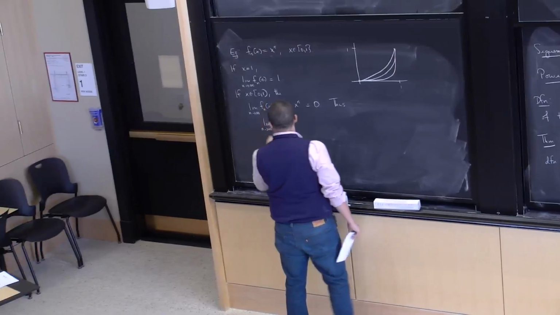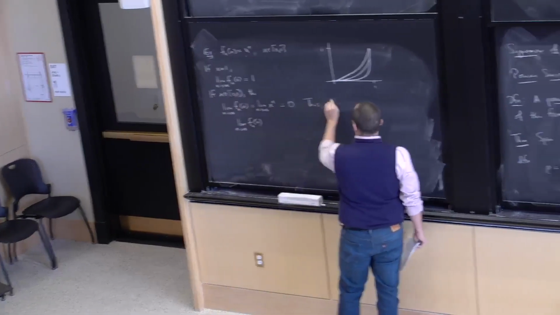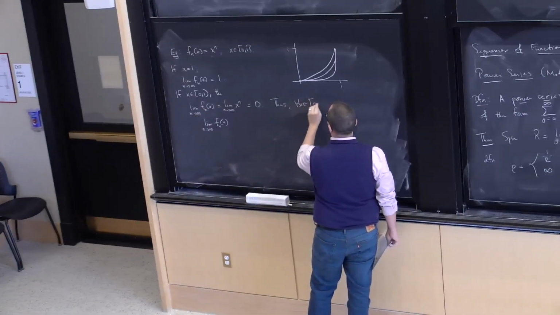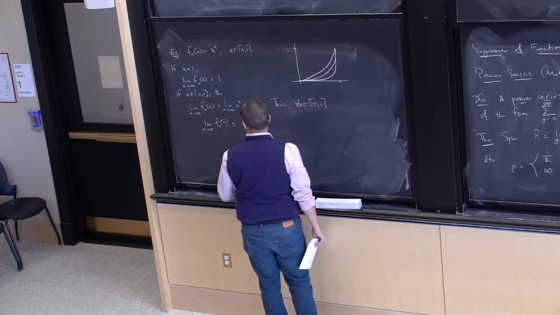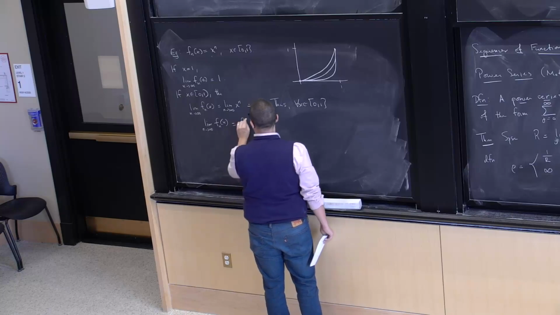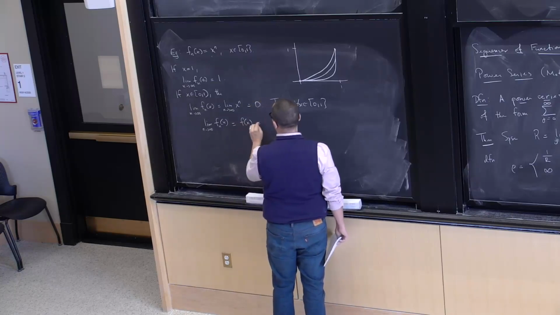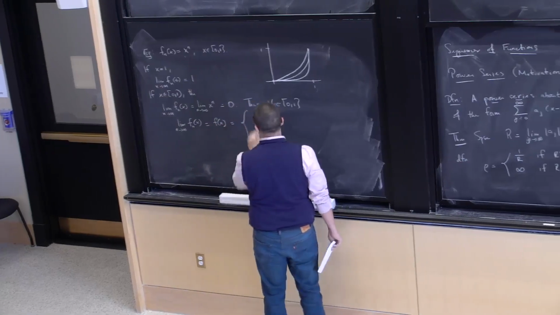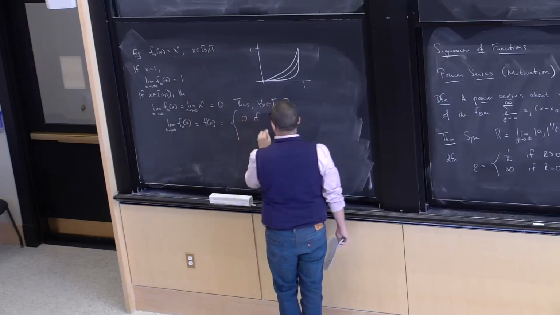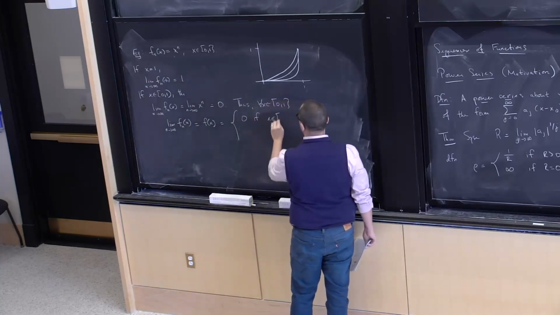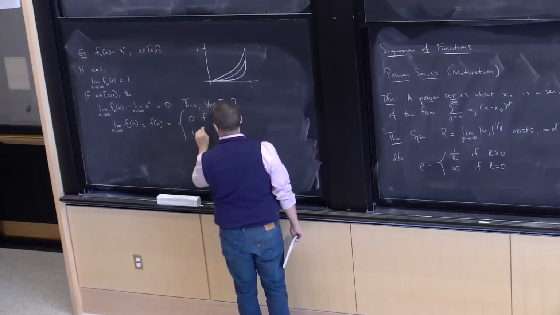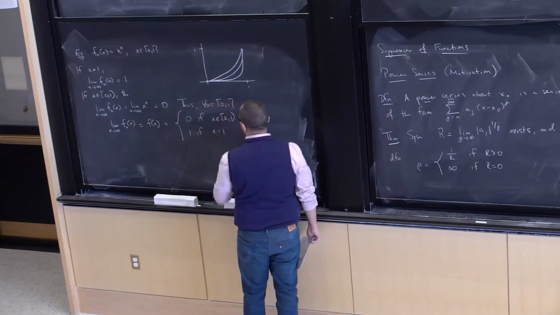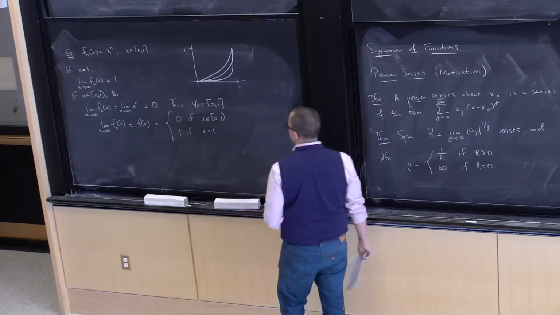Thus, what do we conclude? For all x in [0, 1], this sequence of functions, x to the n, converges pointwise to the function f of x, which is equal to 0 if x is in [0, 1), and 1 if x equals 1, right?